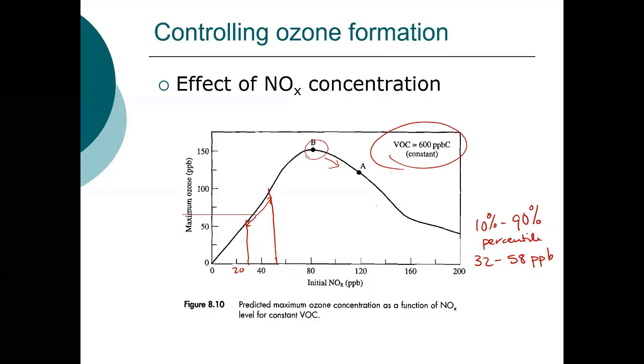Less than 10% of the sites where we measure NO2 will be less than 32 or greater than 58 parts per billion.